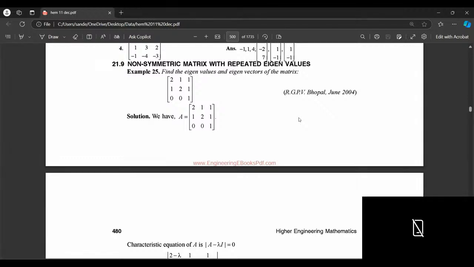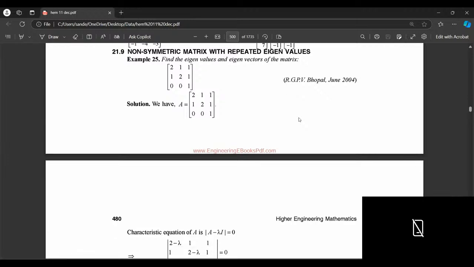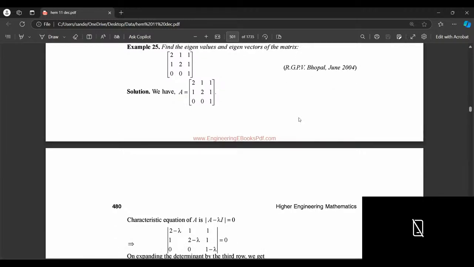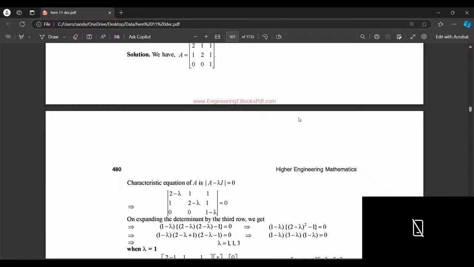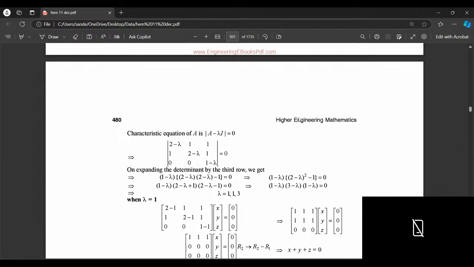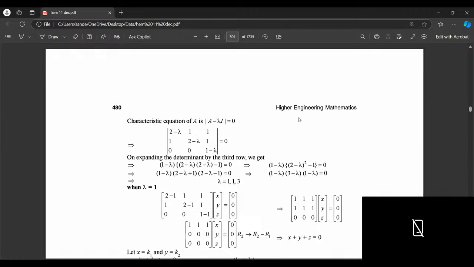So to find eigenvectors, we write the determinant of A minus lambda I equal to 0, characteristic equation. After writing the characteristic equation, expand this determinant.